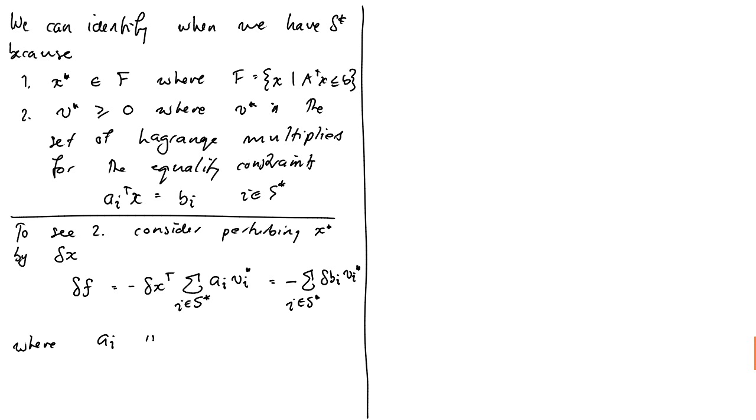Where AI, as usual, is the ith column of, in this case, A transpose. Now, we were trying to show that we're optimal if we've got a non-negative nu star. So we'll do our usual trick of letting one of them be negative and trying to obtain a contradiction.